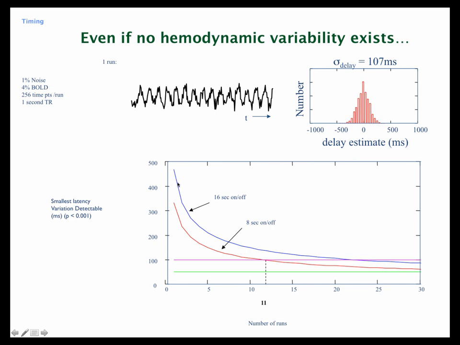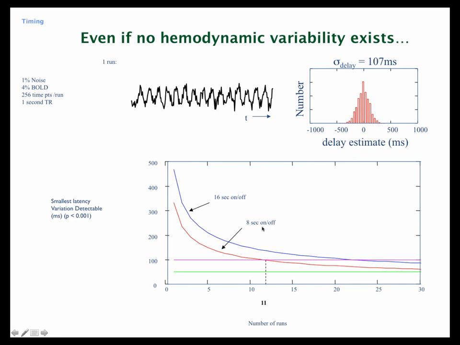So if we were doing a paradigm with a block design of 16 seconds on versus 16 seconds off, it would take us 21 runs to get down to a temporal resolution of 100 milliseconds, to discern a difference of 100 milliseconds.